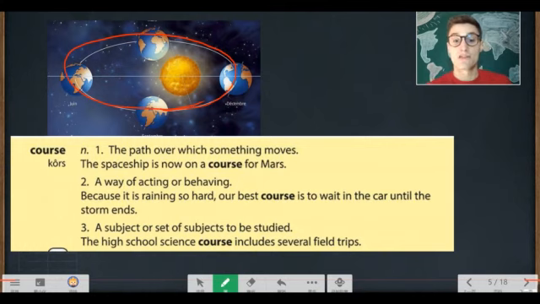So the best way to act, the best thing to do is to wait in the car until the storm ends. The best course. So instead of saying the best thing to do, you can say the best course. If you do not know the answer, the best course is to ask the teacher.